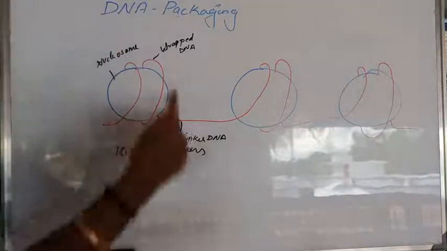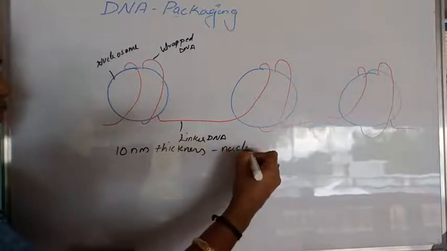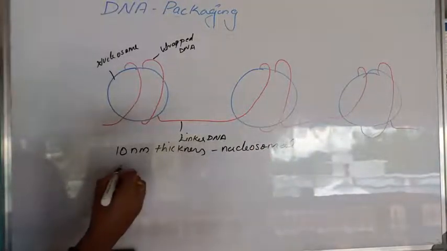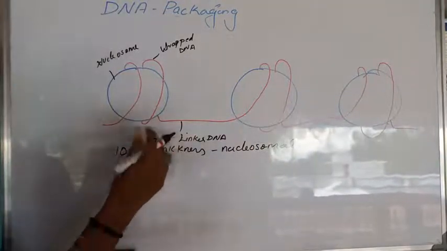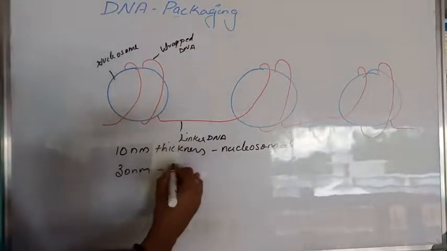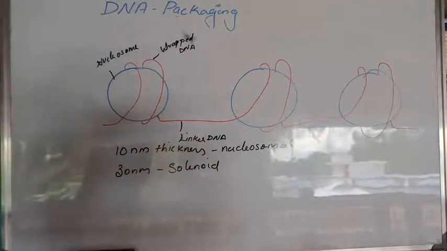Then it is again twisted and condensed to form a 30 nanometer thick solenoid organization, that is, 30 nanometer diameter.